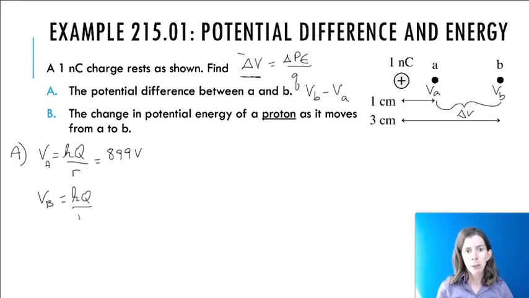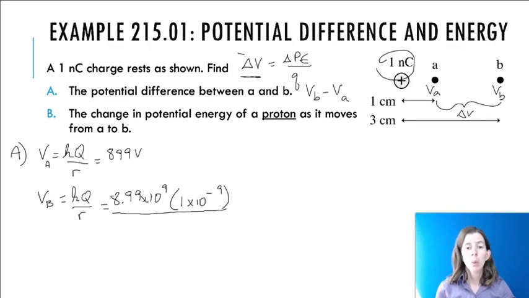We're plugging in Coulomb constant, 8.99 times 10 to the 9. Then the charge that is producing the potential at these points is this 1 nanocoulomb charge, so 1 times 10 to the negative 9. And then we plugged in the distance. So for A, we plugged in the distance of 1 centimeter, which was r equals 0.01 meters. We divided by 100 to convert it to meters.